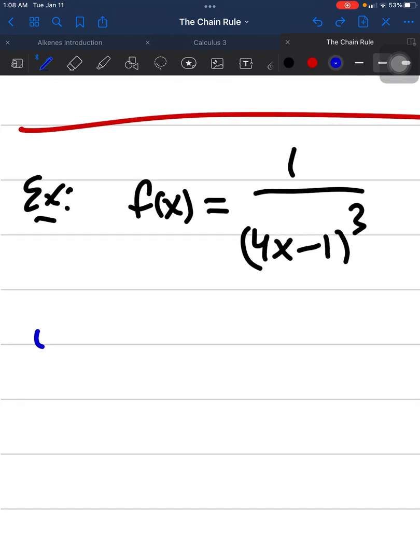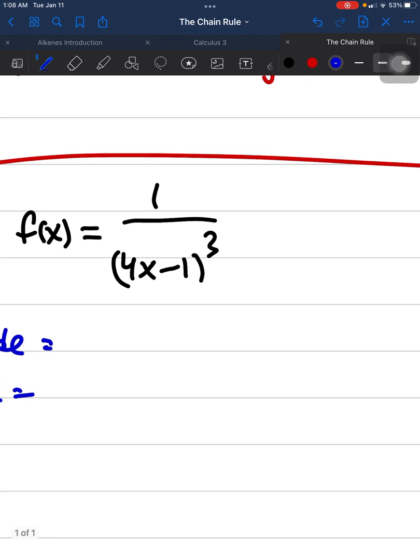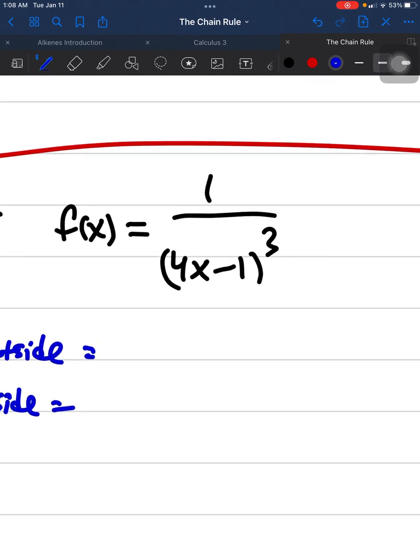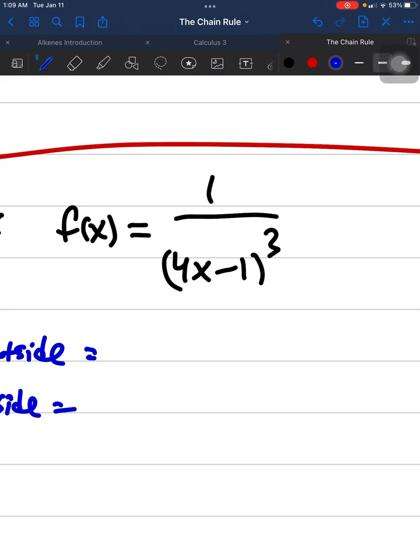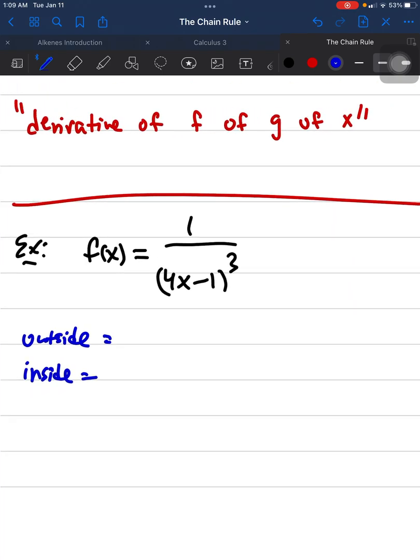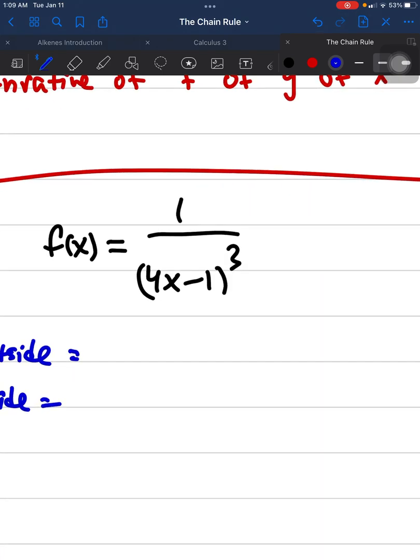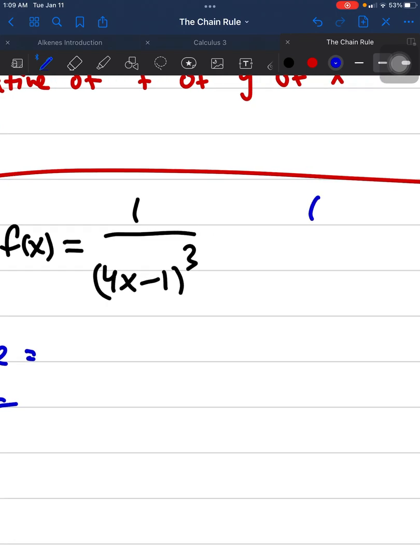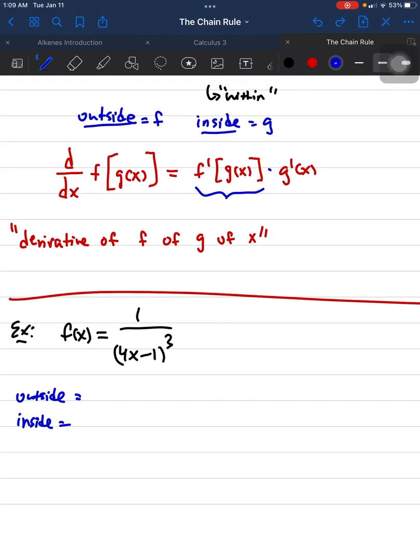So the first step is to identify f of x, the outside function, and the inside function. The outside function here we already determined to be 1 over x cubed, but we're not just going to use 1 over x cubed as the outside function. We know that 4x minus 1 is in the place of x, where we had 1 over x cubed.